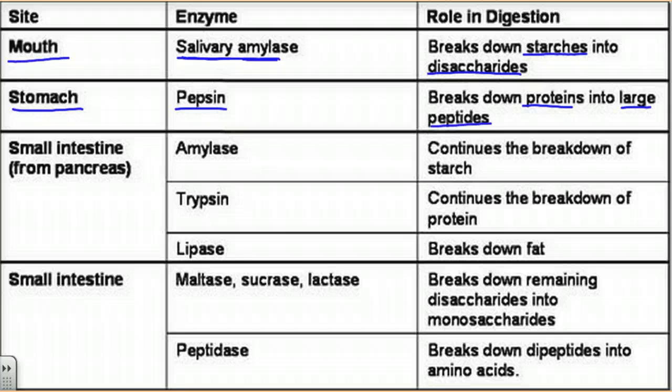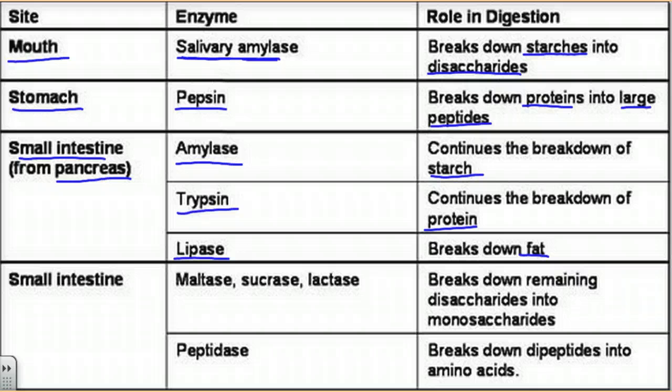And in the small intestine, we have two parts of digestion. We have some of the enzymes that are released from the pancreas, and they are amylase, trypsin, and lipase. Amylase tends to break down starch, trypsin tends to break down proteins, and lipase tends to break down fats.